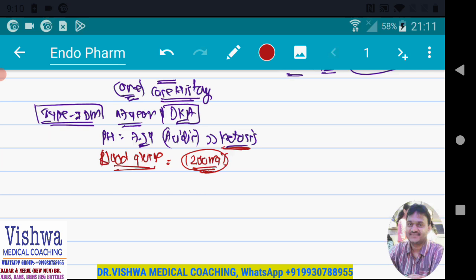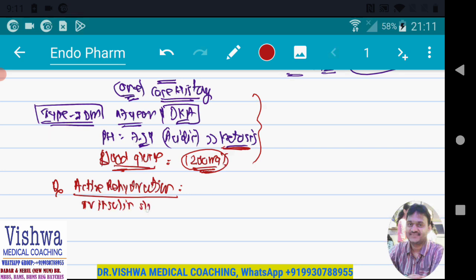Now, when the patient was admitted, as we discussed in the treatment of diabetic ketoacidosis, what did we give? We gave active rehydration. Normal saline is supposed to be infused, as we discussed in the last lecture. And we gave intravenous insulin as per the sliding scale.